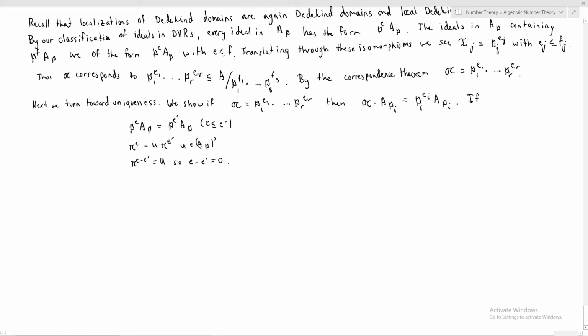So basically it suffices to show this claim. Okay, now how do we do that? Well, one inclusion is pretty clear, the other inclusion is a little bit more work.